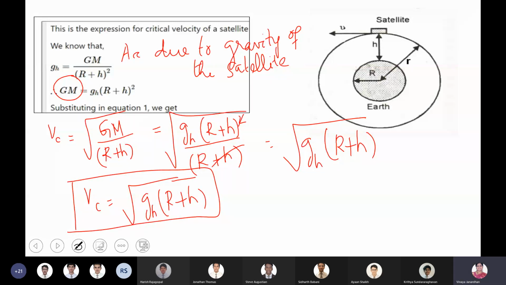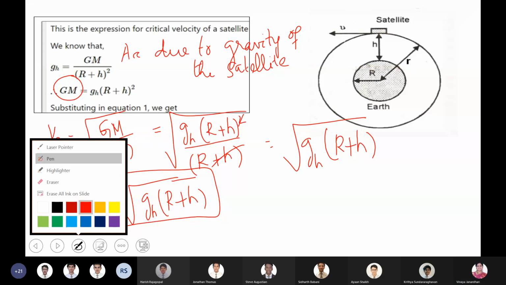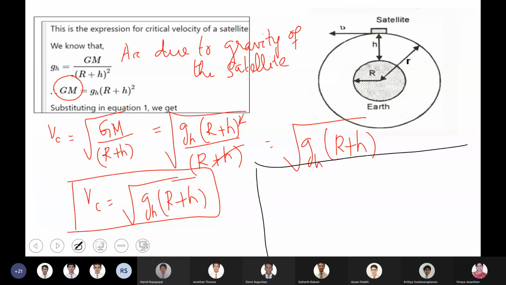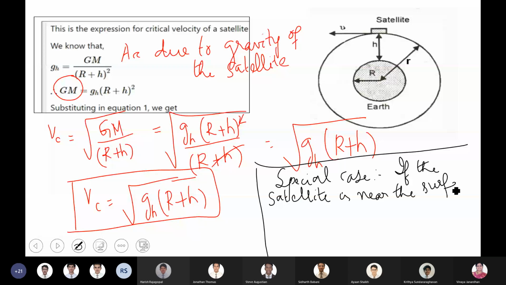Now we'll go for the special case. If the satellite is near the surface of the Earth, what happens to the value of h?